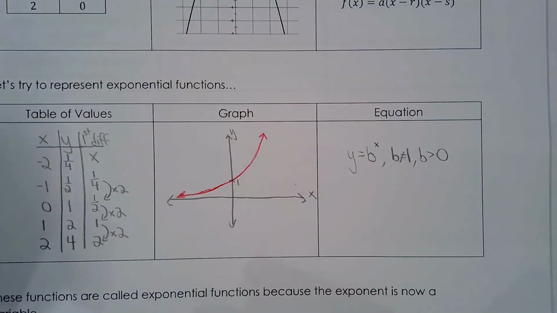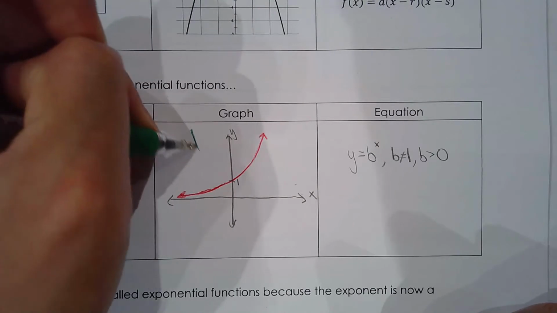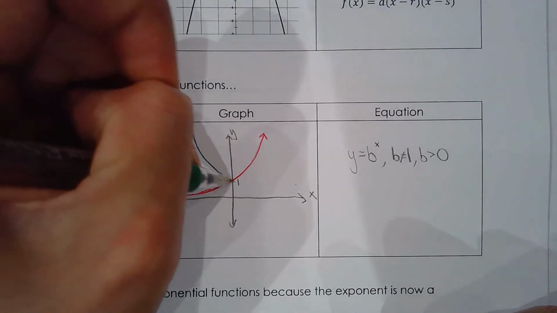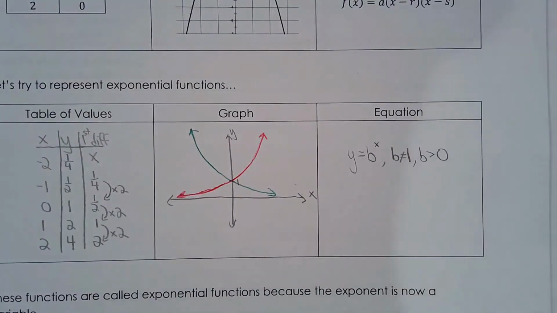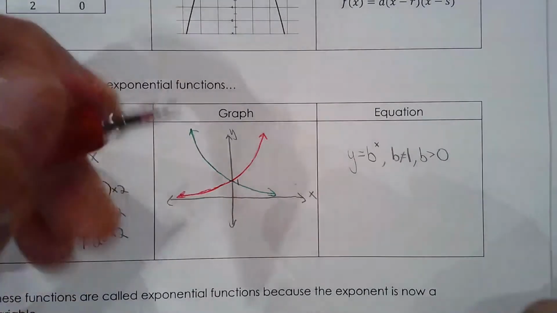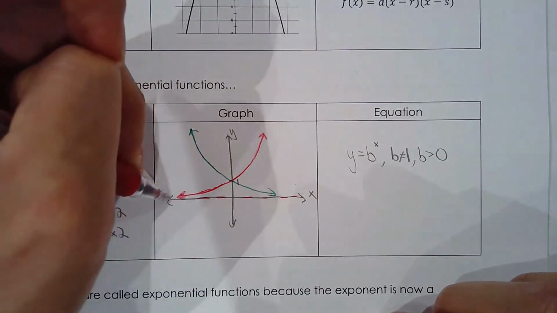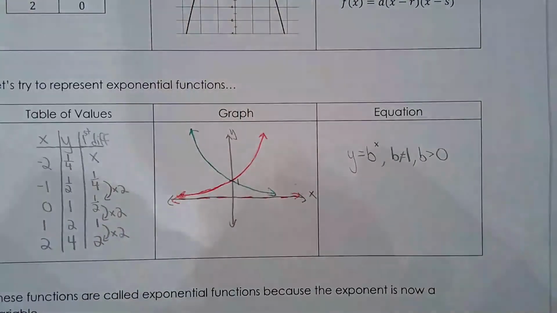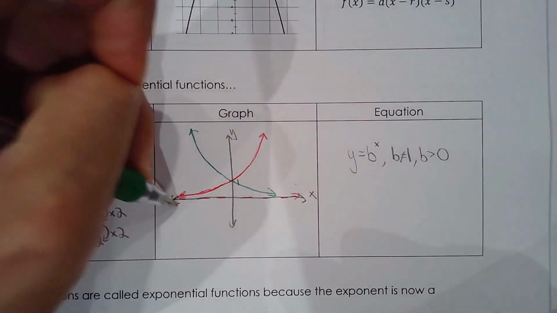And let's do the second one. So really your graph can look one of two ways. Now for either of these graphs, they have something in common. They have a horizontal asymptote. I'll do both colors because they both have it, okay?